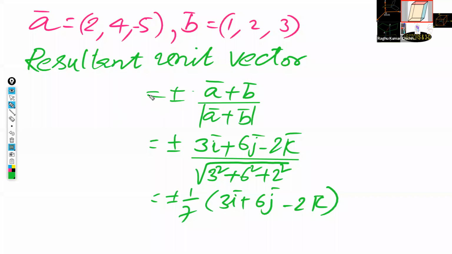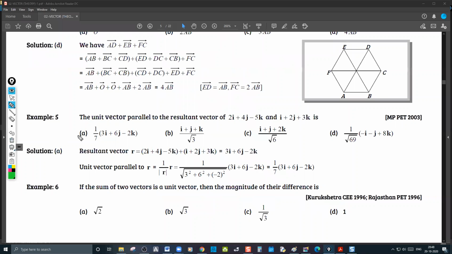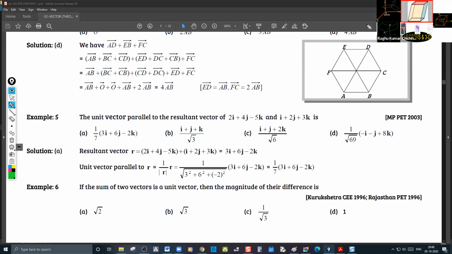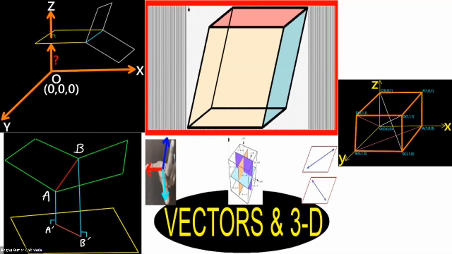So this is the unit vector which is the resultant of A bar and B bar. Clear, no? Clear, sir. Next example 6 will be continued in the next session. Okay, sir.